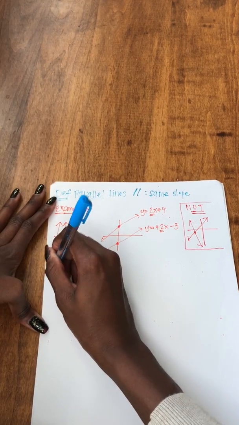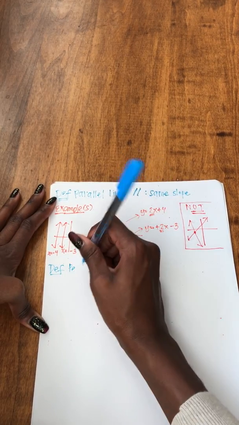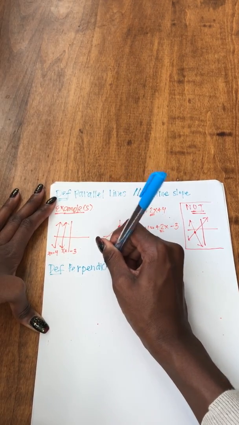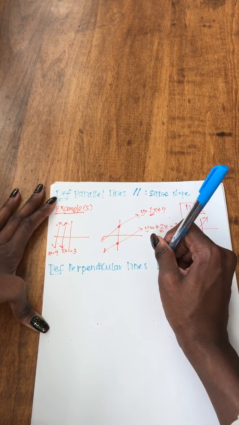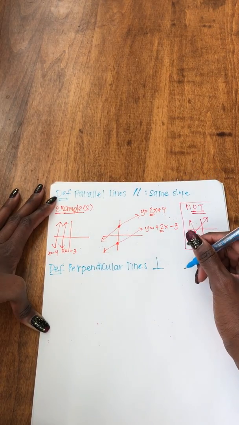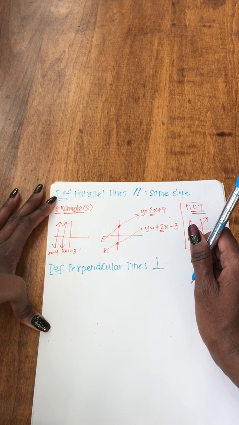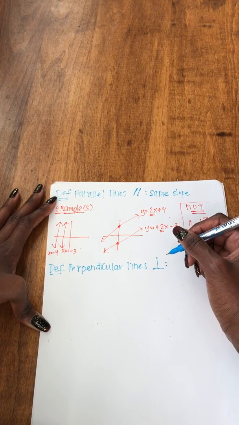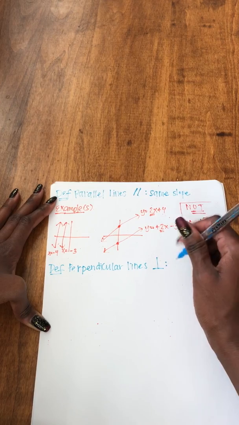And now let's do the definition of perpendicular lines. And that's denoted like this little upside down T. And this holds true if the slopes are negative, excuse me, not negative. Yeah, actually negative reciprocals. Sorry.